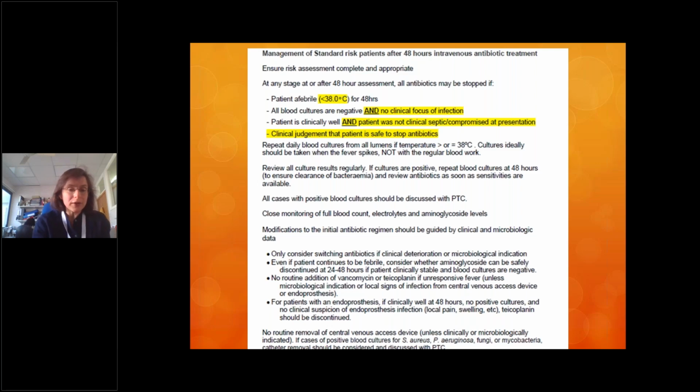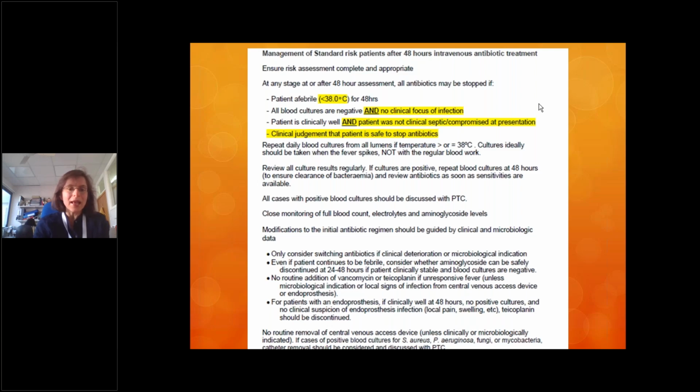You will have given your antibiotics and then you reassess at 48 hours. If the patient has been afebrile and blood cultures are negative and they are well, you can stop the antibiotics. So 48 hours is the time when you can identify a second group of patients who, although they did not present so well, have done well after, and the antibiotics can be discontinued.